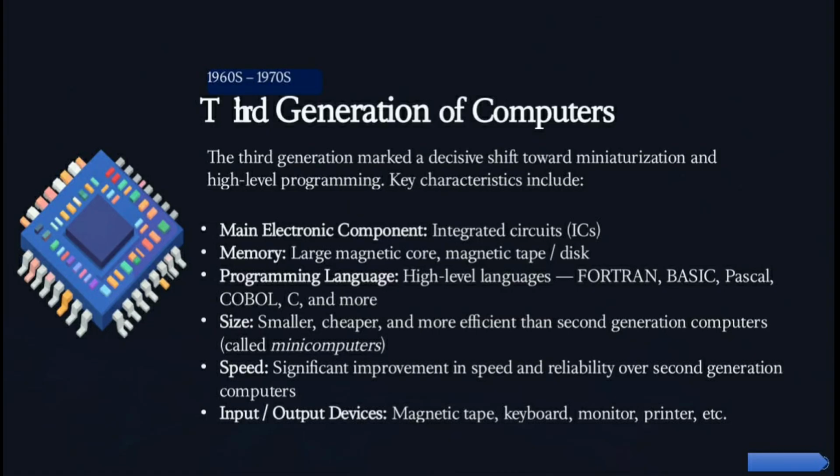The keyboard allowed users to enter commands and information. The monitor allowed users to see information and results on the screen. The printer was used to produce information on paper. Magnetic tape and magnetic disks were also important for storing and retrieving data. These devices made interacting with computers more convenient compared with the earlier generations.